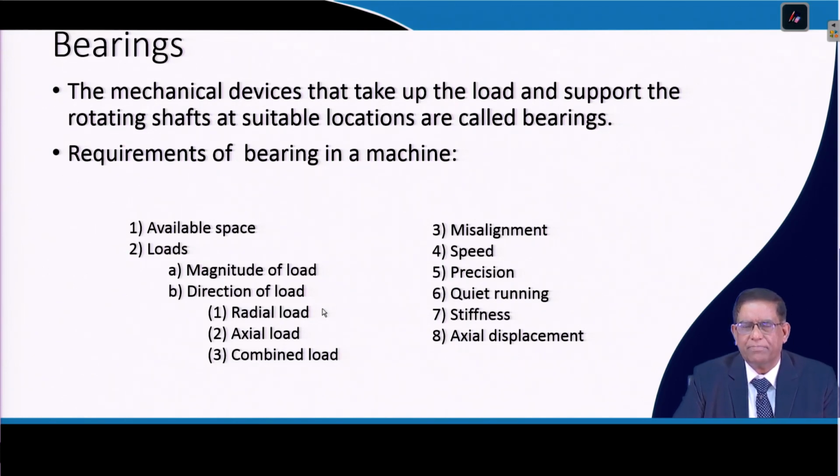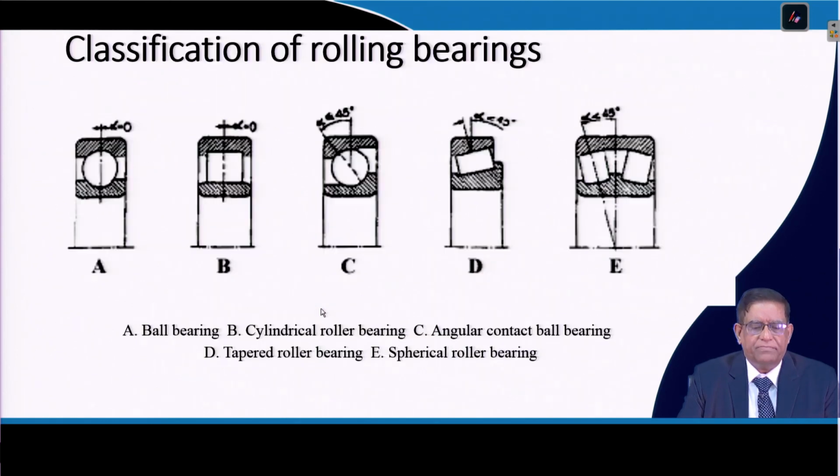Proper care of the bearing means what type of maintenance has to be done. The maintenance of a bearing is basically how you are lubricating it. Lubrication is a very important job in mining machinery maintenance, and the bearings are of different types. You may have heard about the ball bearing; you might have seen it in your bicycle also.